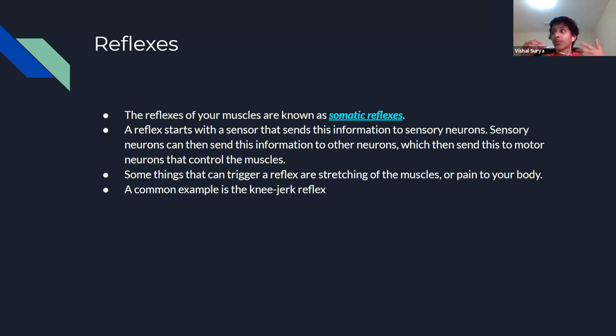Something can actually trigger a reflex, or let's say stretching your muscles, or pain to your body. If, for example, you stepped on a piece of glass, your reflexes would immediately remove your leg from that piece of glass so you don't get hurt. A common example that you might have went to the doctor's office for, or you might have heard about, is the knee-jerk reflex.